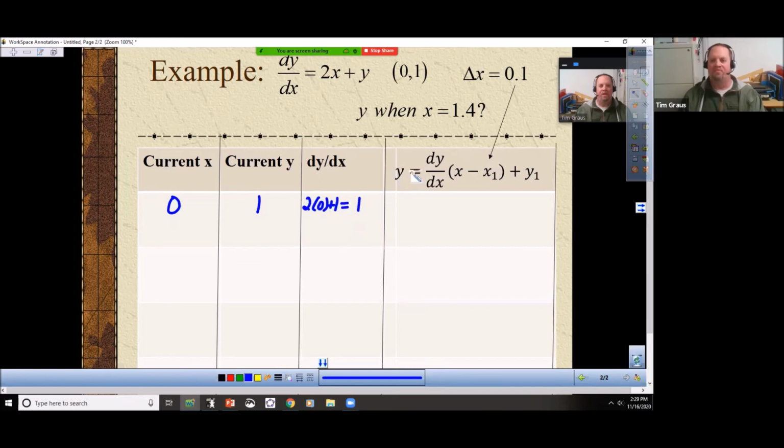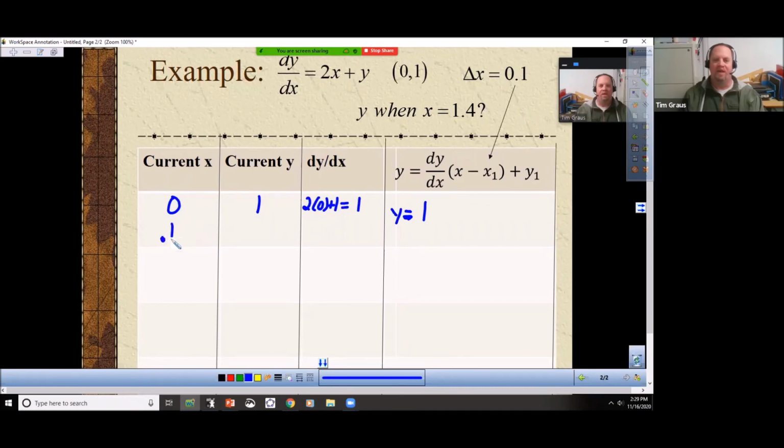Now we go over to this familiar form of an equation of a line. Same thing we've used when we've done linearization or equation of a tangent line. And we're going to say y equals, well, dy dx we just calculated, 1. And then where we usually see x minus x1, we're going to take the next x value and subtract the current x value, and basically that's going to be our step.